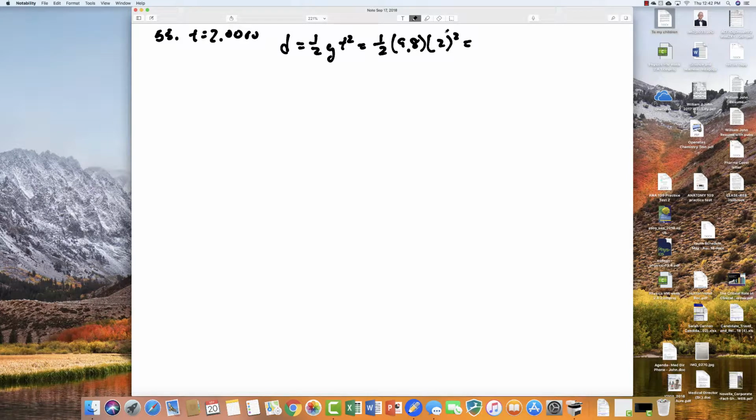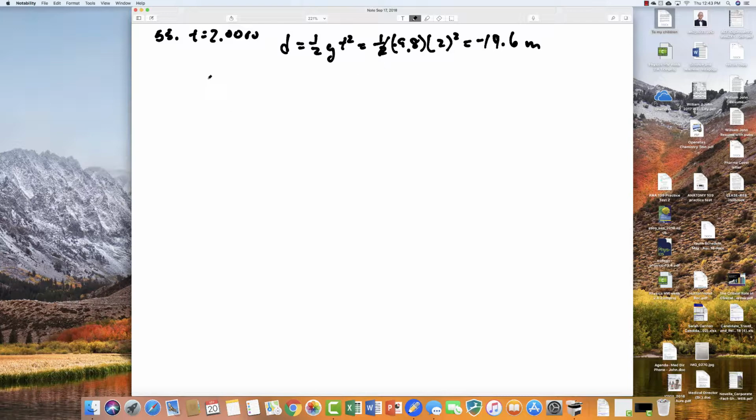And so if we do that math, we get, this half cancels one of these, so it's 2 times 9.8 or 19.6 meters deep. Now, and it's a negative because it's down. Y is deeper or more into the earth than the Y0. And that comes from a negative 9.8.